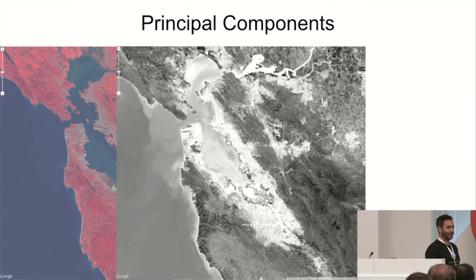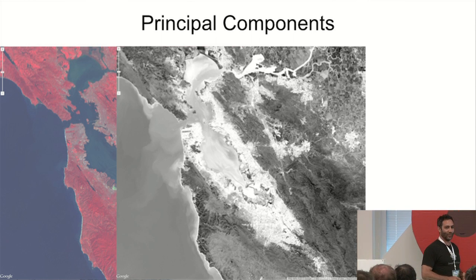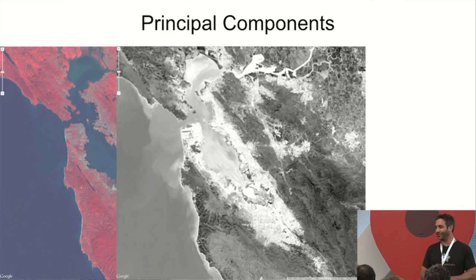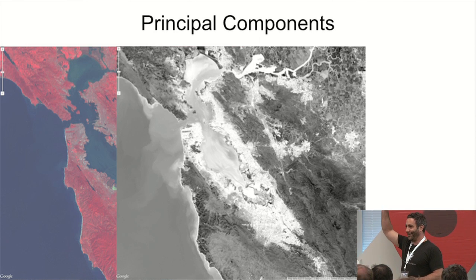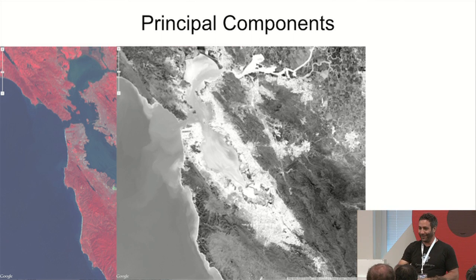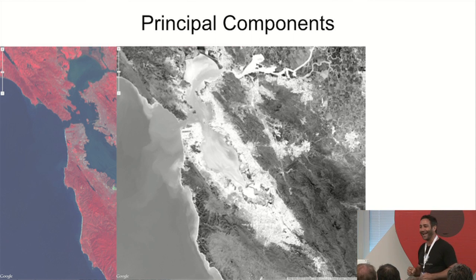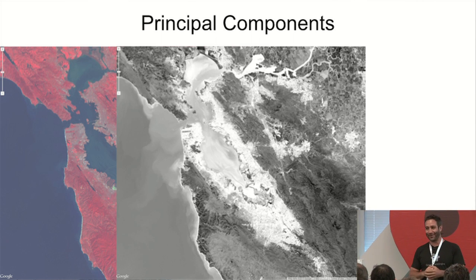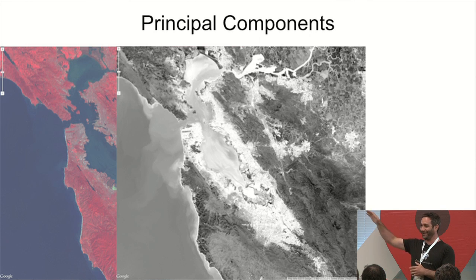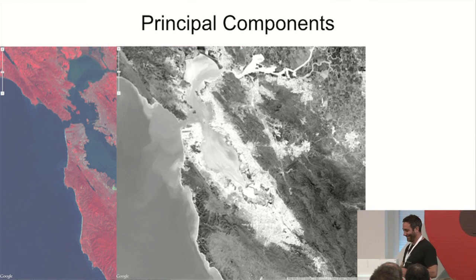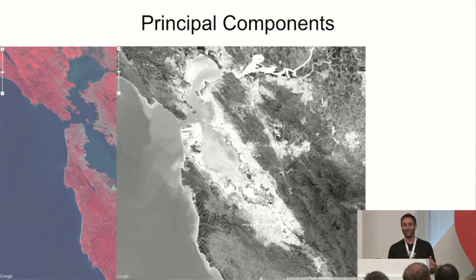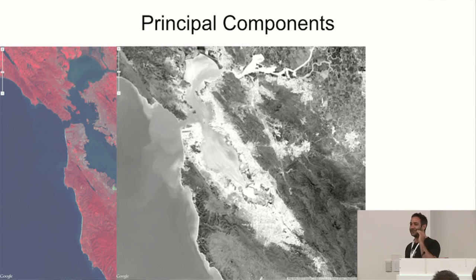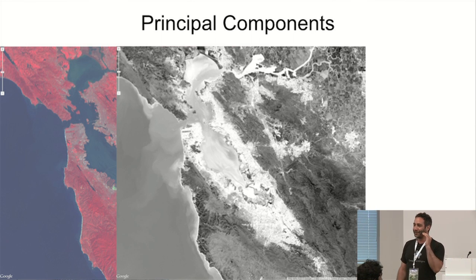And I've seen crazy things like people doing PCA on an image and saying, aha, principal component 3 is wetlands, and so everything above a certain threshold in principal component 3 is wetlands. Ship it. So it's possible that you might find exactly what you're looking for in one of these principal components.